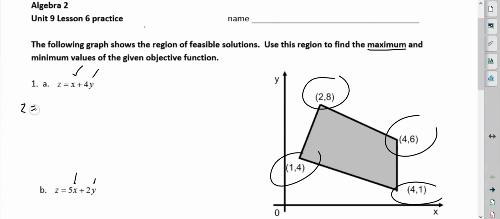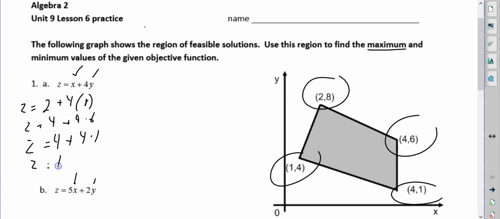So Z equals 2 plus 4 times 8. Z equals 4 plus 4 times 6. Z equals 4 plus 4 times 1, and Z equals 1 plus 4 times 4.